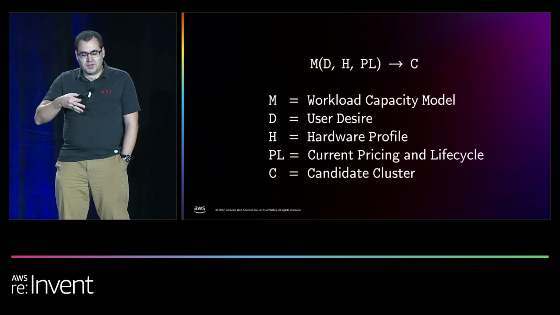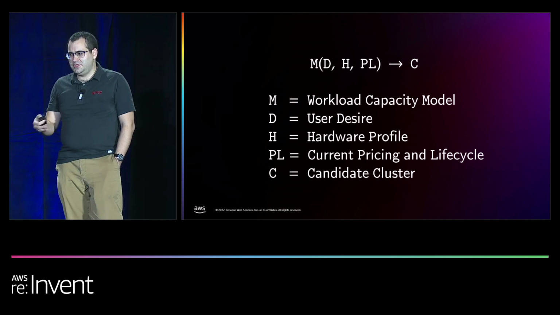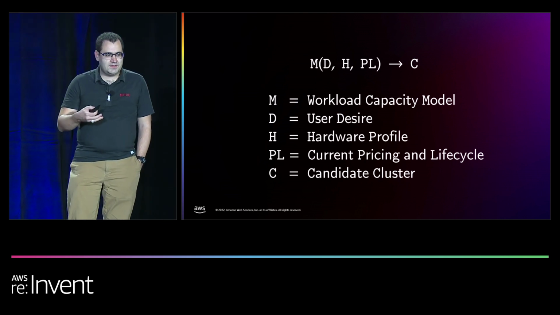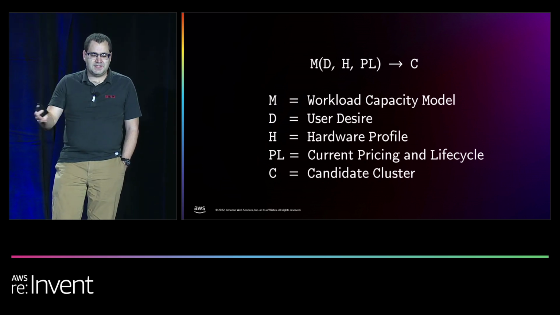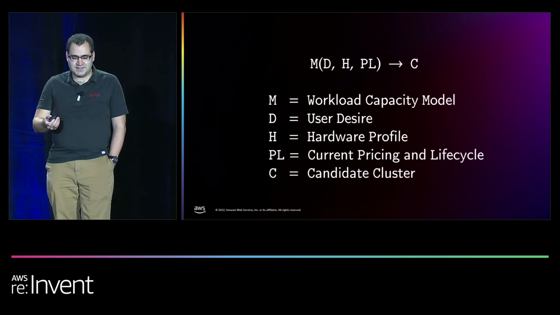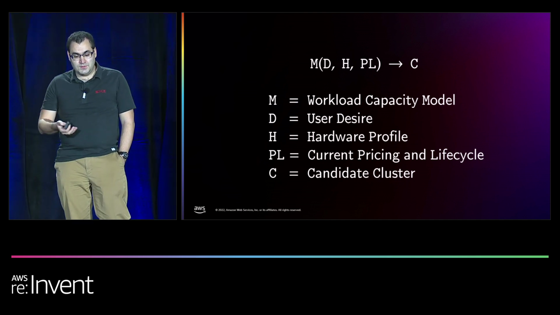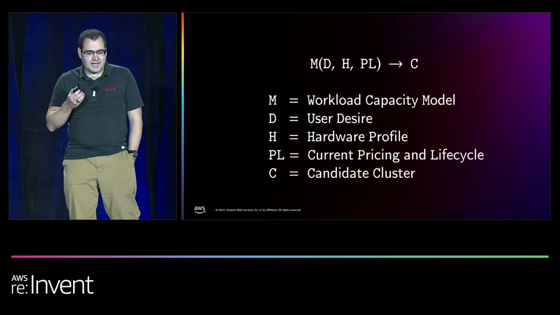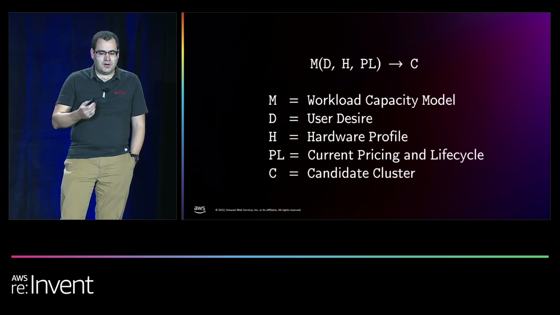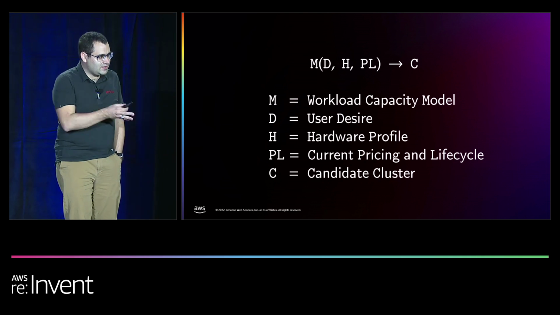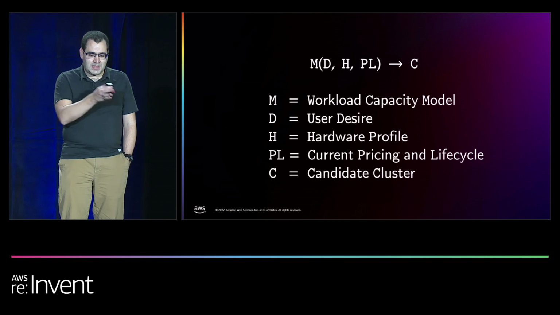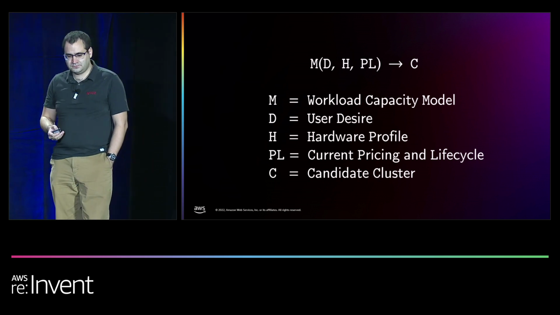And then we will compose that with a hardware profile, which is how we describe hardware, and your company's current pricing and lifecycle for that hardware. As we'll see in a second, this information is quite dynamic, and it depends a lot on who's using the system. And then ideally, our workload capacity model can output a candidate cluster of a concrete set of computers that you're going to buy to optimally serve that workload.